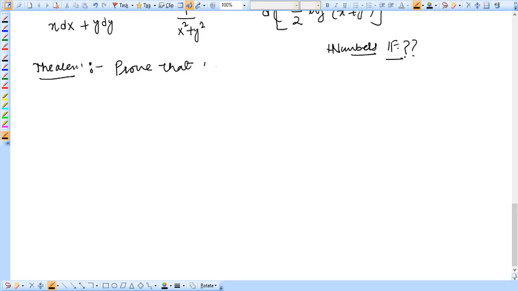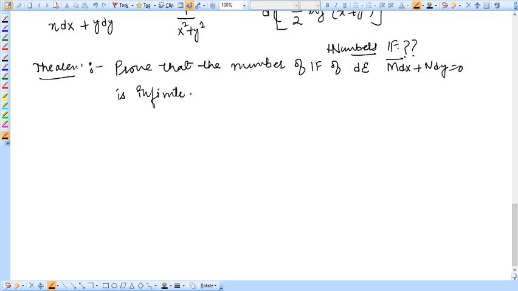Prove that the number of integrating factors of the differential equation M dx plus N dy equal to 0 is infinite.